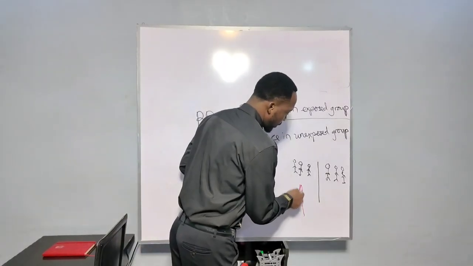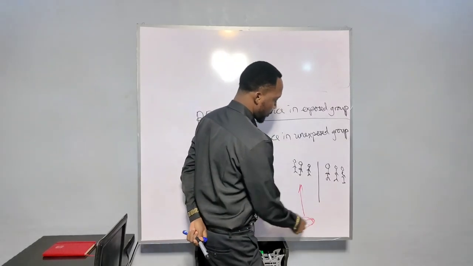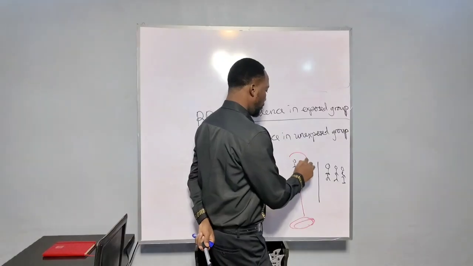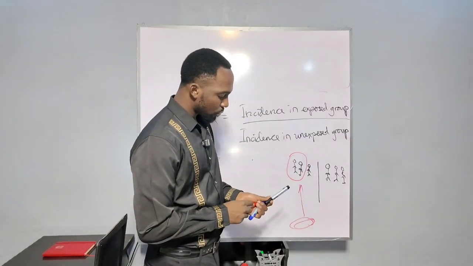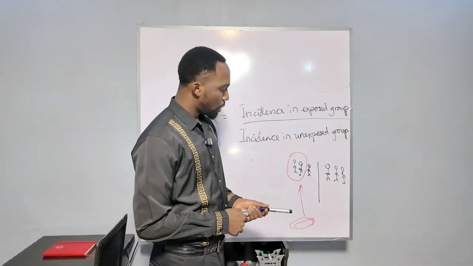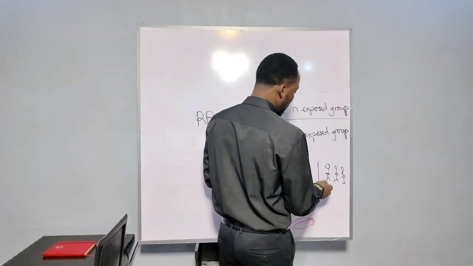I'm spending time here because I want you to understand what I mean. Now, we expose them to a factor. And having exposed them to the factor, we have 2 people being affected. Whereas the unexposed, the incidence in them is just maybe 1.